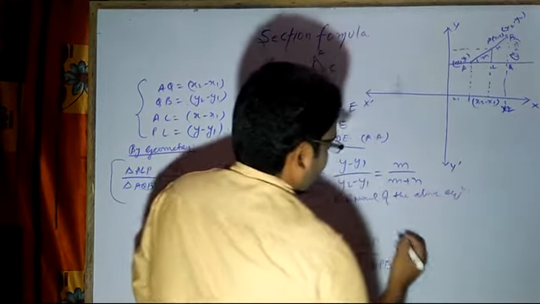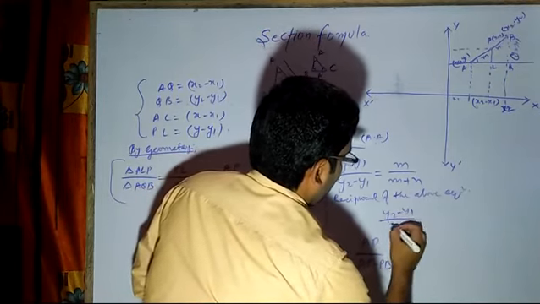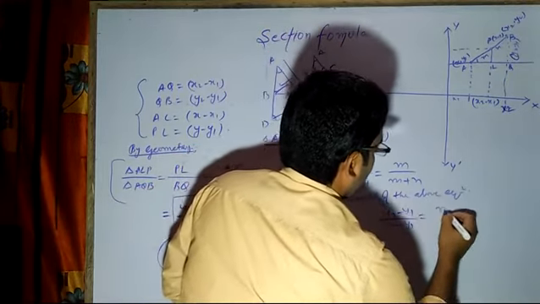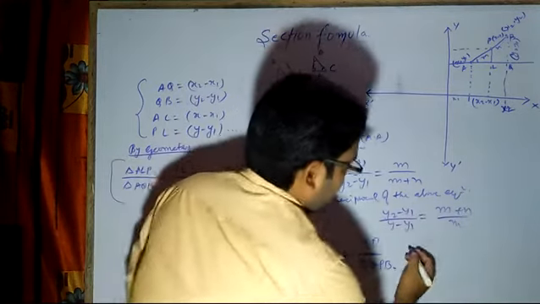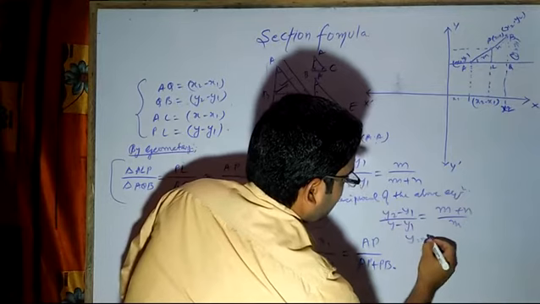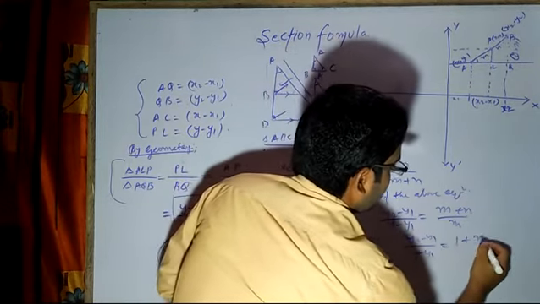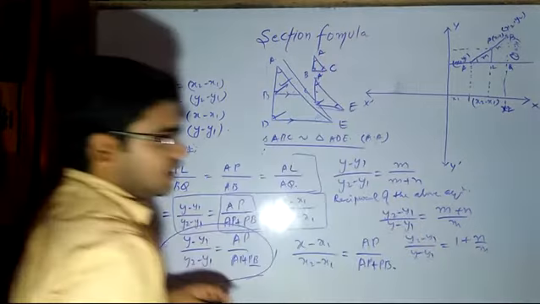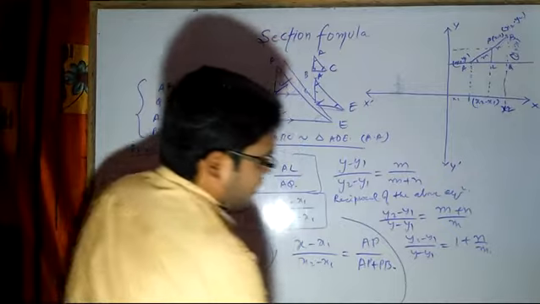equation will give me y2 minus y1 by y minus y1 is equal to m plus n by m. Now in the same way, I will be writing y2 minus y1 by y minus y1 is equal to 1 plus n by m. I can separate this, yes or no? So this part is different.